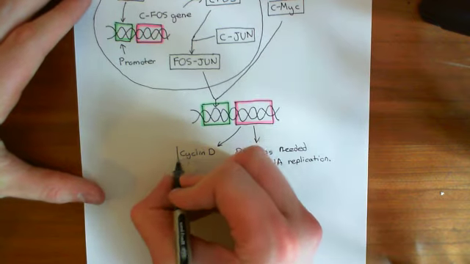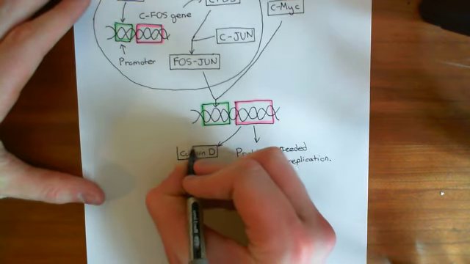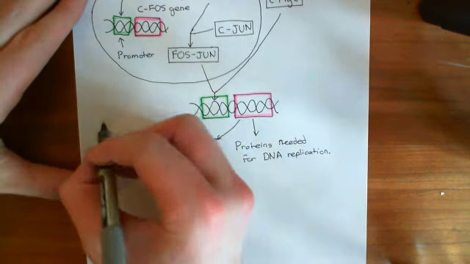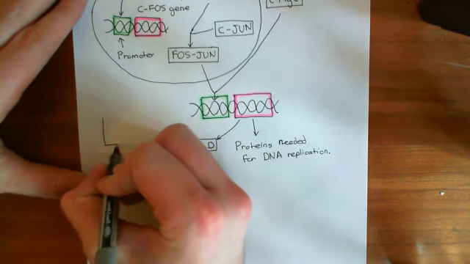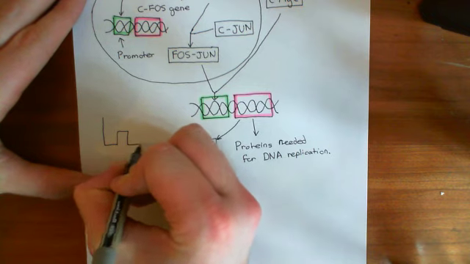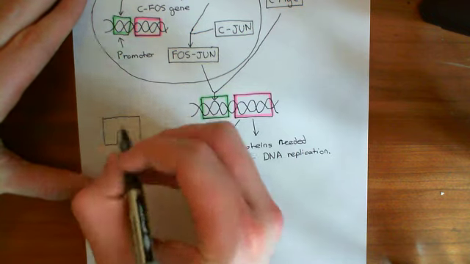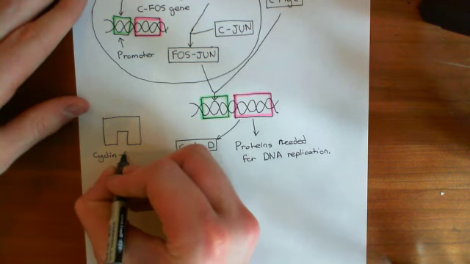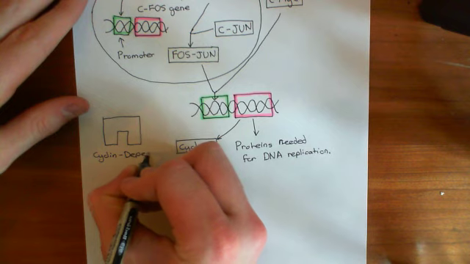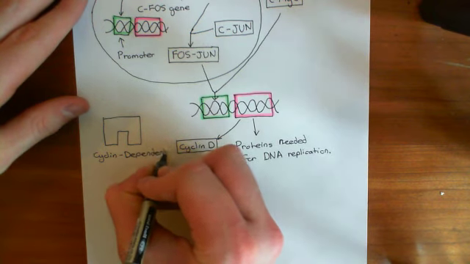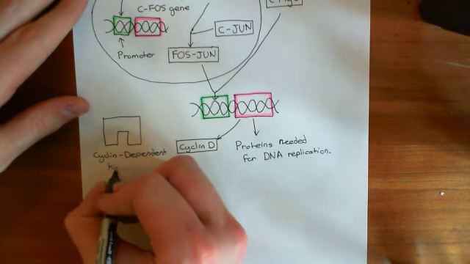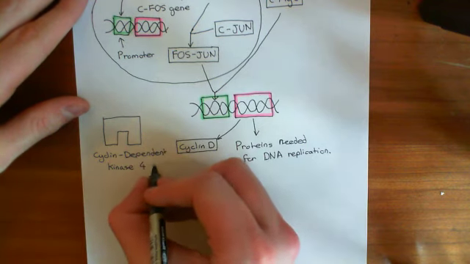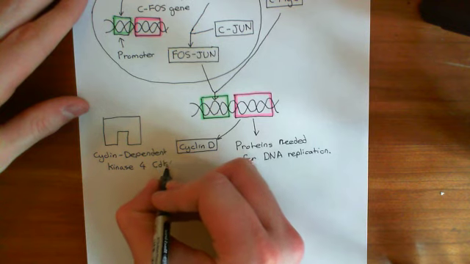So Cyclin D is a protein, and when it goes up in the cytoplasm of the cell, it binds to its enzyme, and the enzyme which it binds to is called cyclin-dependent kinase 4, which is often abbreviated to CDK4. Okay, and this enzyme is a kinase, so it's going to add phosphate groups onto things.